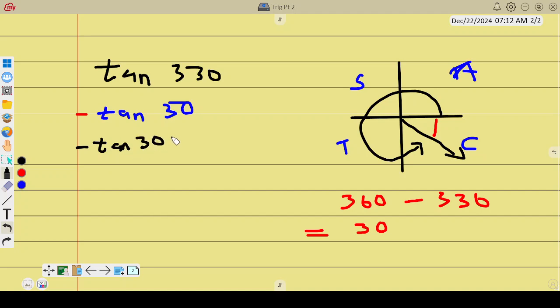No wonder I introduced that part when we started this lesson. What is tan 30? You should be able to remember that it's sine 30 over cos 30.